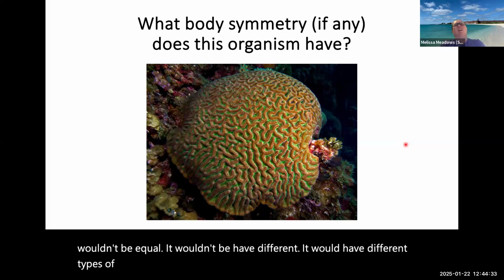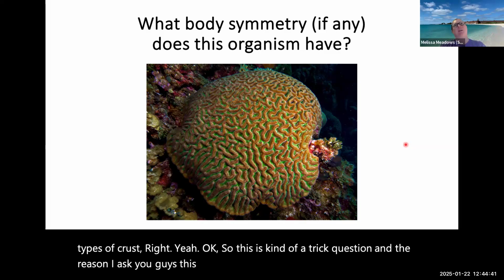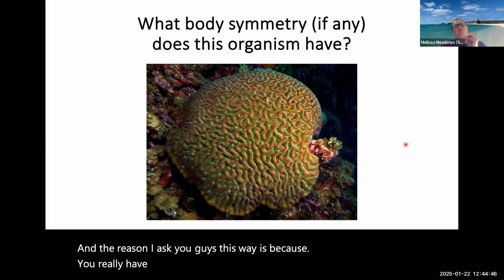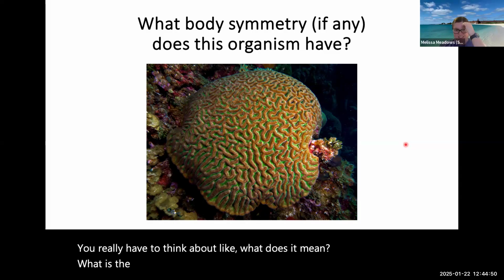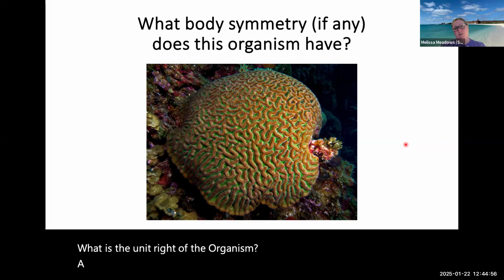Right, yeah. Okay, so this is kind of a trick question, and the reason I asked you this way is because you really have to think about what is the unit of the organism? A coral is actually a colonial organism, right?